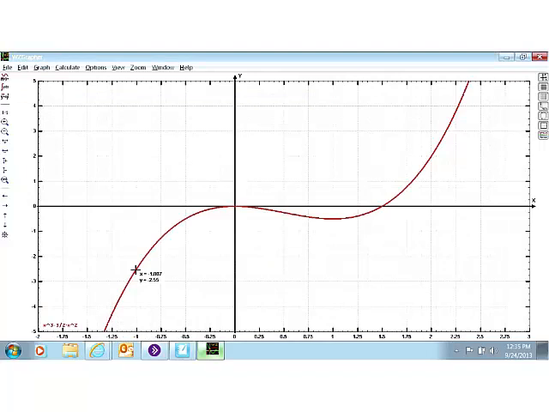So here is x equals -1. We get -5/2. So you can see that's the minimum. If I draw a horizontal line here, you can see there's no point that's below that. Here's the local extreme at x equals 0, which is 0. Here it is at x equals 1, which is negative 1/2. And then at positive 2, we got positive 2.